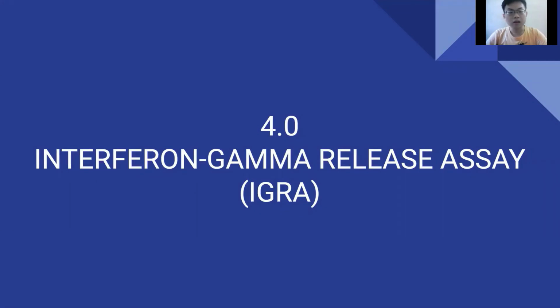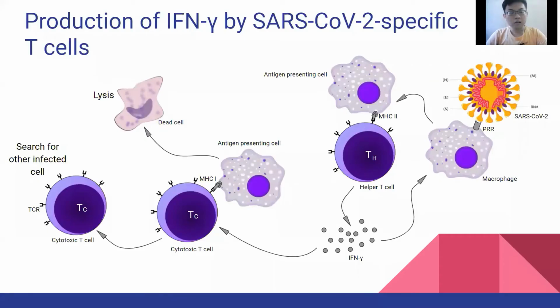I'm Bingze. Now I will explain how interferon gamma release assay (IGRA) can be used to diagnose COVID-19. Let's look at the production of interferon gamma by SARS-CoV-2 specific T cells. Basically, helper T cell 1 will bind to and recognize the viral peptides of SARS-CoV-2 associated with MHC class 2 on the macrophage.